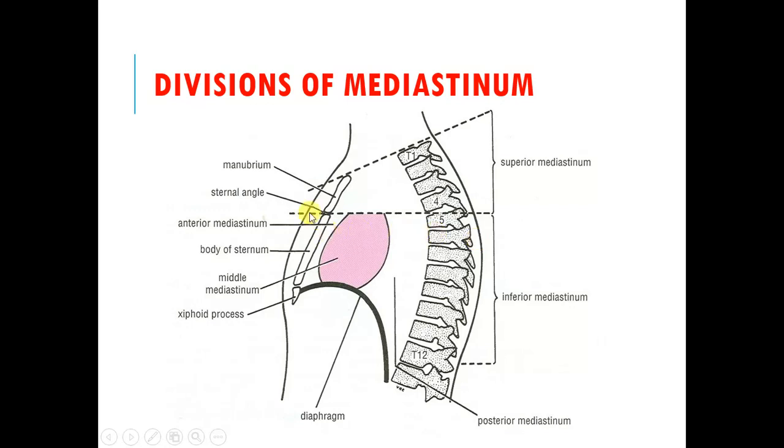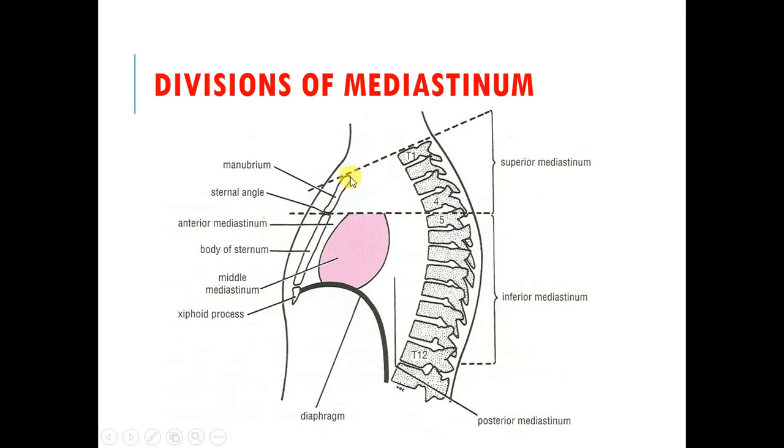In this diagram, you are seeing an imaginary line passing through the sternal angle, and posteriorly it is passing through the disc between the T4 and T5 vertebra. This is called the sternal plane. This is the plane of the superior thoracic aperture, the upper border of T1 and the manubrium sterni, the jugular notch or suprasternal notch.